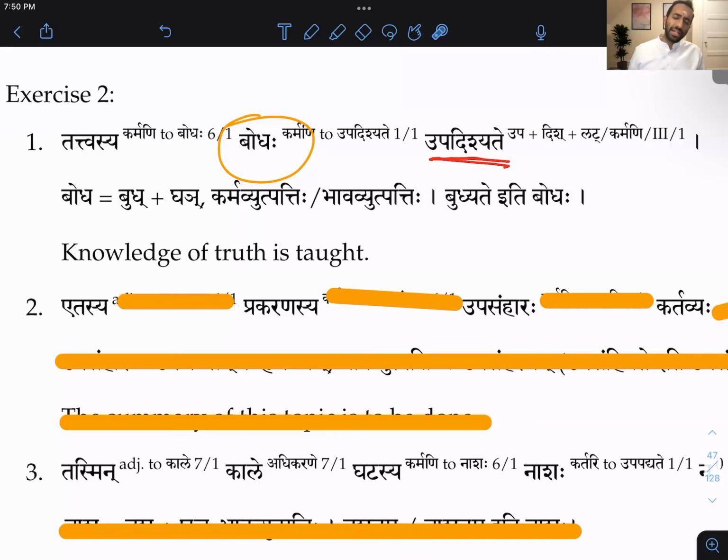Let me give an example in English just to make it a little easier. So if I say the word destruction, okay, destruction. Now this is a bhava vyutpatti word, right? Destruction or destroying.